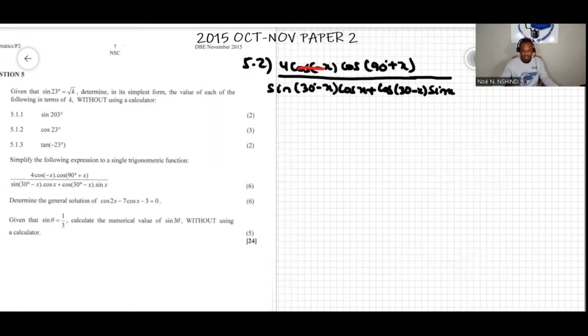For this formula, for instance, we know that cos of negative theta is equivalent to cos of theta.